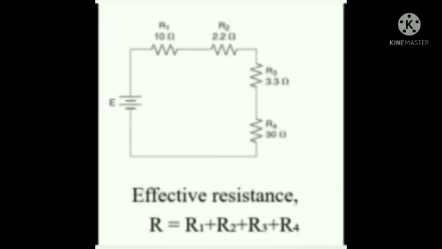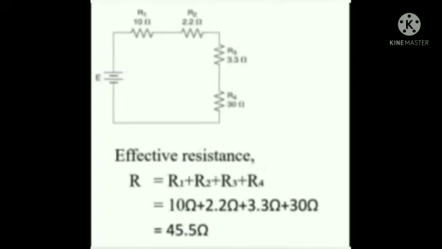Here is one problem. Here there are 4 resistors. One resistor R1 has 10 ohm, R2 has 2.2 ohm, R3 has 3.3 ohm and R4 has 30 ohm. Here also we already know that it is a series connection because the resistors are connected one after the other. So effective resistance can be calculated by just adding the values of the resistors.